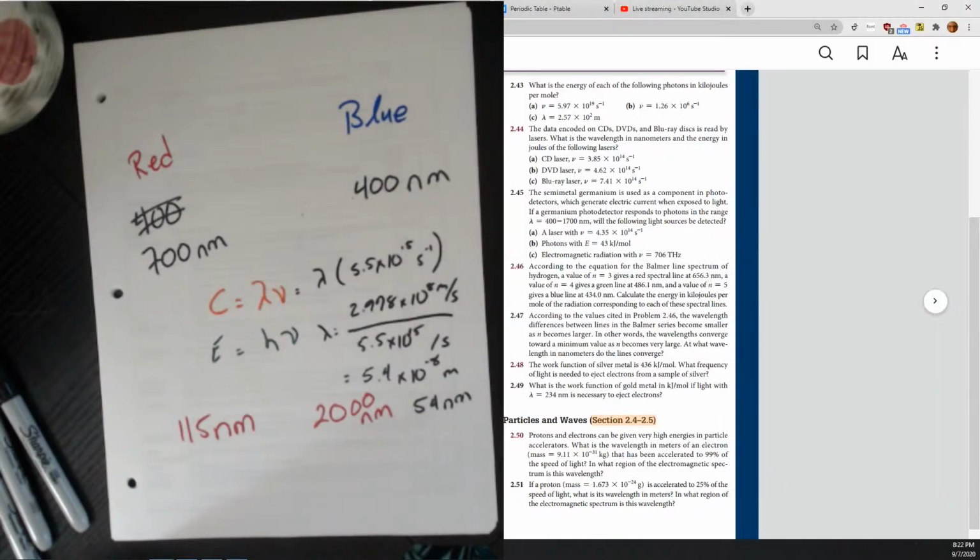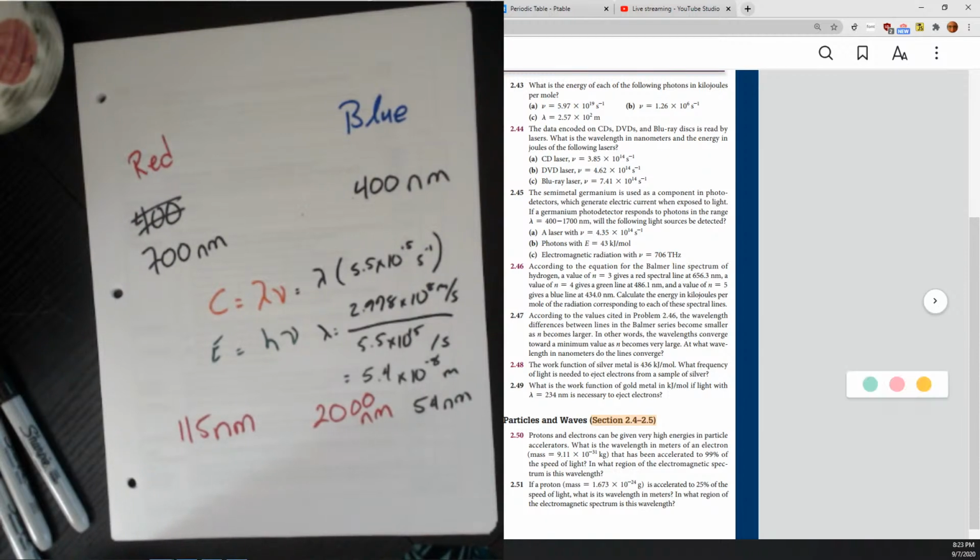38. Calculate the energies of the following waves in kilojoules per mole and tell which member of each pair has the higher value. FM radio at 99.5 megahertz and AM radio at 1150 kilohertz. Just in terms of which one has the higher value, it's going to be the FM radio.